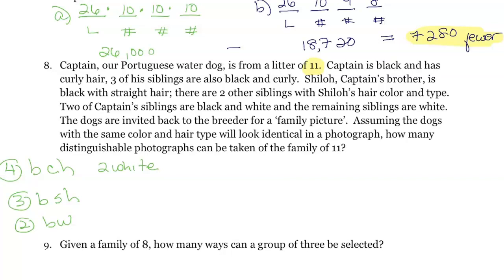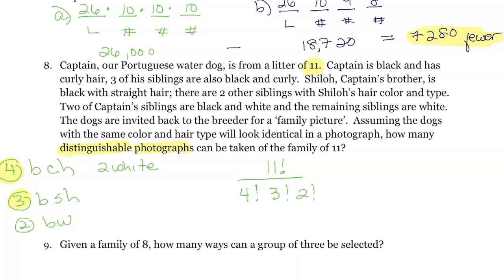Assuming the dogs with the same color and hair type will look identical in a photograph, how many, and here comes the word, distinguishable photographs can be taken of the family of 11? Okay, so 11 factorial is the numerator, and then because you have duplicates, you're going to say 4 factorial, and that's for right here. 3 factorial, and that's right here.